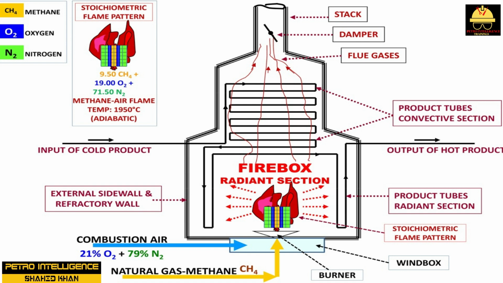Temperatures inside the firebox range from 1,600 to 2,000 degrees Fahrenheit or 871 to 1,093 degrees Celsius. Furnace pressures usually run below atmospheric pressure, in the range of 0.4 to 0.6 inches of H2O draft, negative pressure, at the bottom of the furnace.